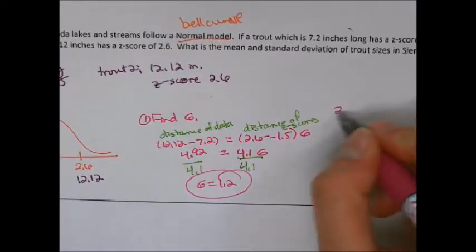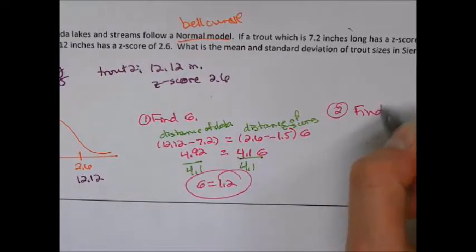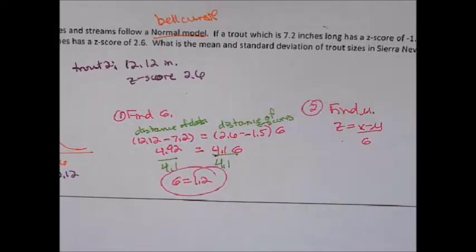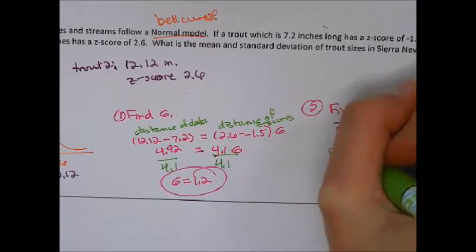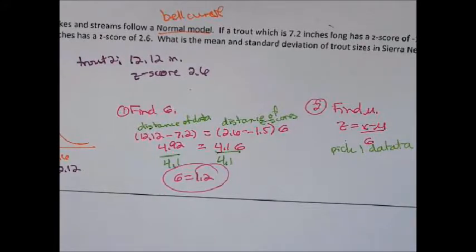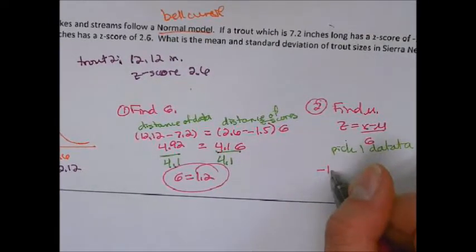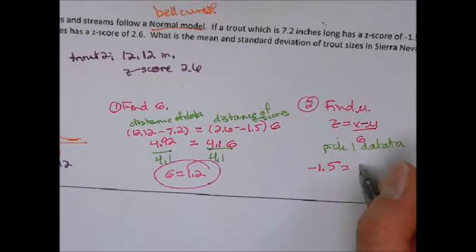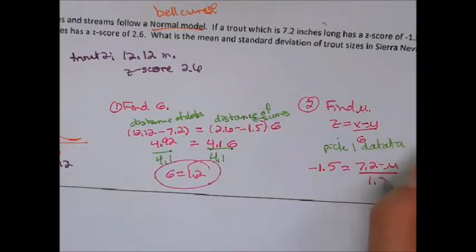Next, we're going to find the mean. And we're going to do this by picking one data piece. So I'm going to pick trout 1. Trout 1 is 7.2 inches long and has a negative 1.5 z-score. So my negative 1.5 z-score is 7.2 minus mu over my standard deviation, which is 1.2.